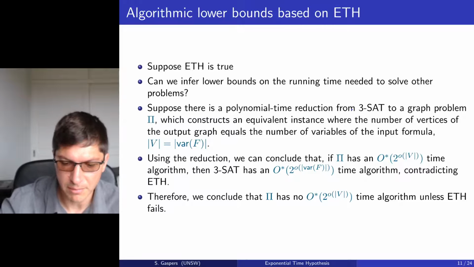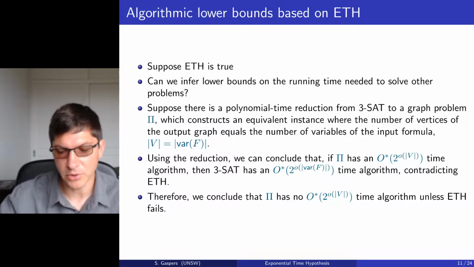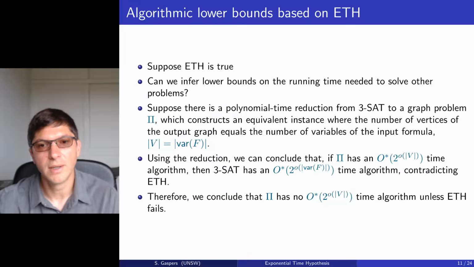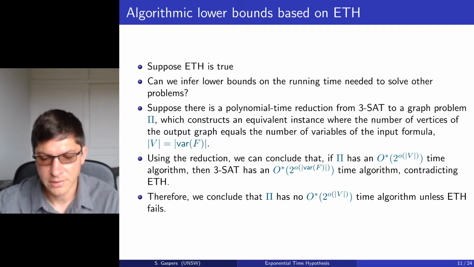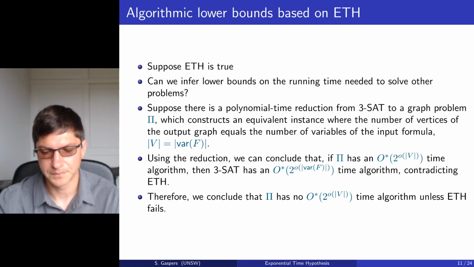And this is just by using this reduction and the algorithm for the graph problem. And this would contradict ETH. Therefore, if we do have such a reduction, then we can conclude that the problem has no sub-exponential time algorithm, unless, of course, the ETH fails.